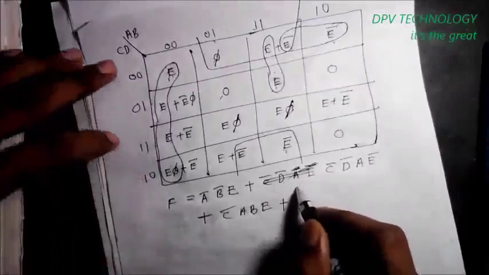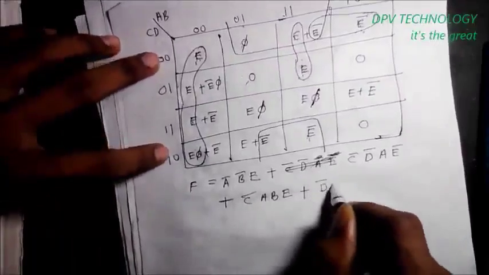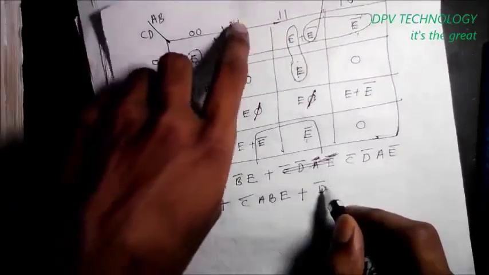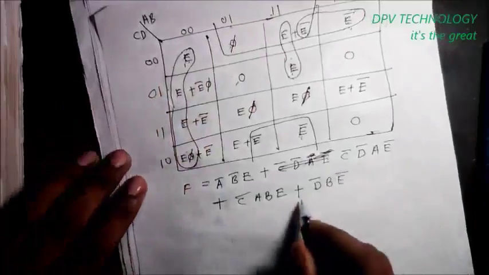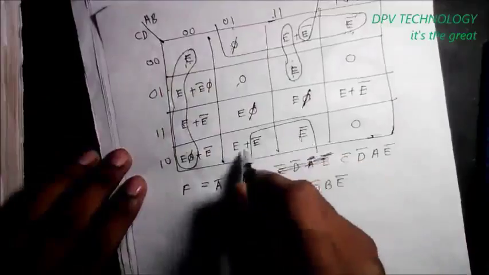So make this group, you will get from here C is sending, D is not sending, so D bar, then here B is sending, so it will be B and E bar. So we have covered this thing also.